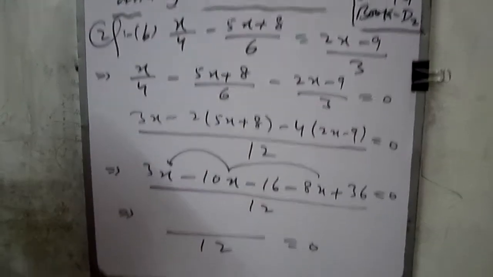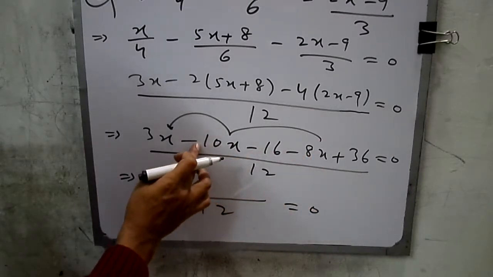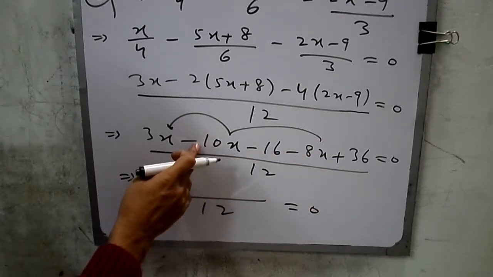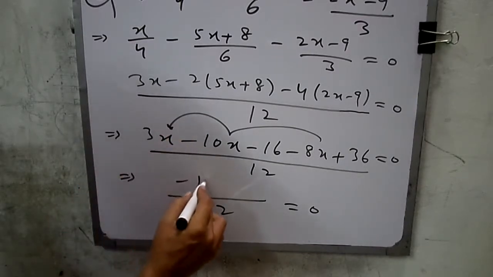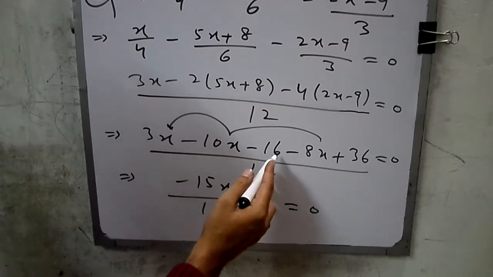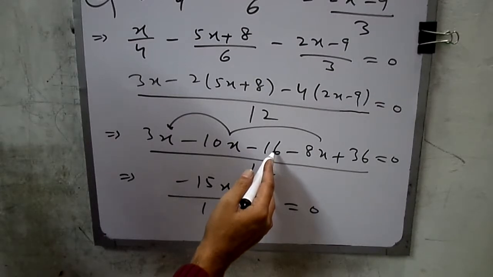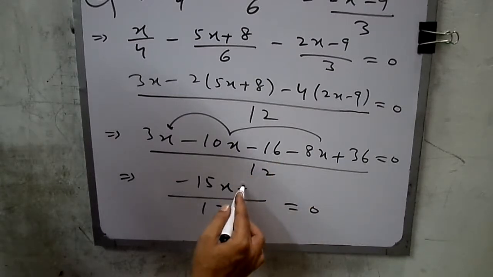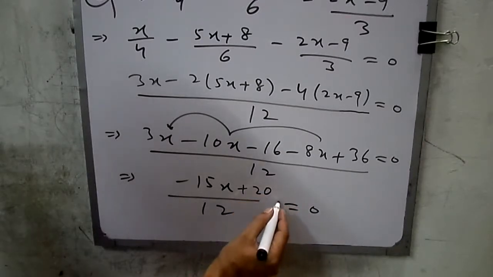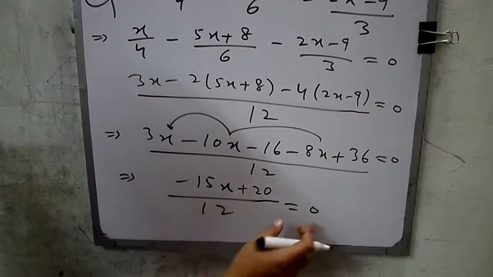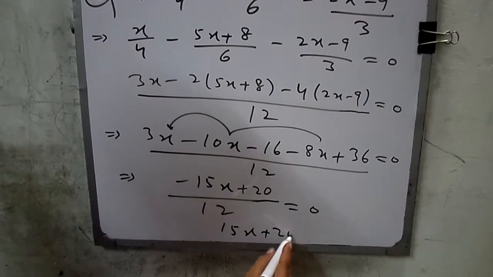You will get this, that is 8 minus 18 and minus 3 minus 15, greater value, so minus 15x, and you will get 36 and minus 30, that is 20, plus 20 is equal to 0. So you will get the value, that is cross multiplication again 0. So 15x plus 20 is equal to 0.